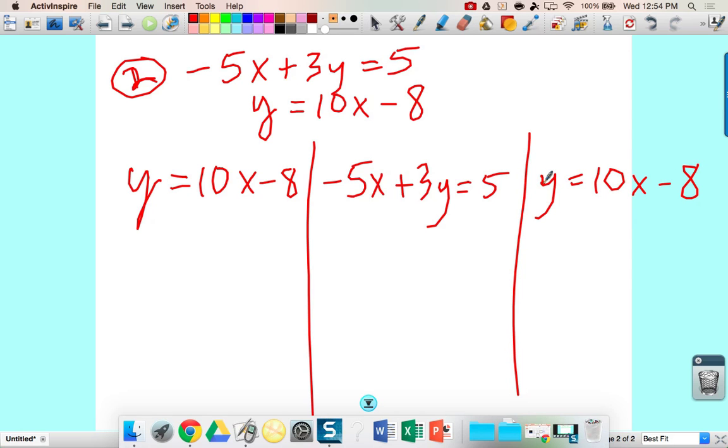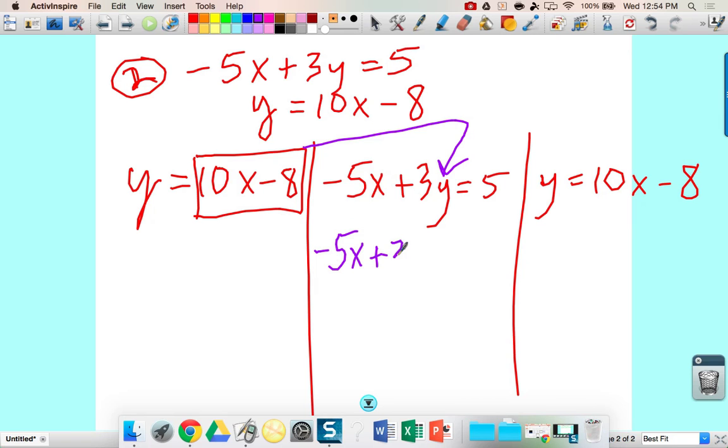Okay, so if y equals 10x minus 8, where are we going to substitute 10x minus 8 into? The y in the first equation. There. Will you tell me what to bring down?